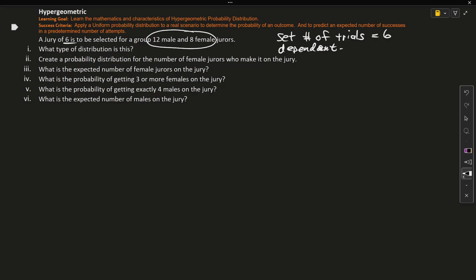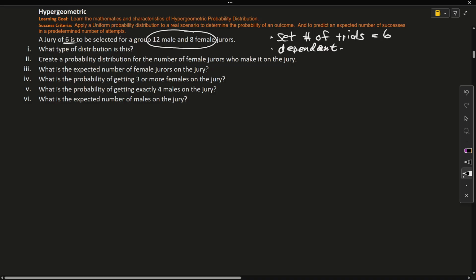In this situation, the pool of items is only 20 items. And so when you begin to choose items, the pool is altered each time, little by little, but it's enough by the end to make a dramatic difference in the probability of choosing any one of the two males or females. So when that's the case, we know that it's a hypergeometric.